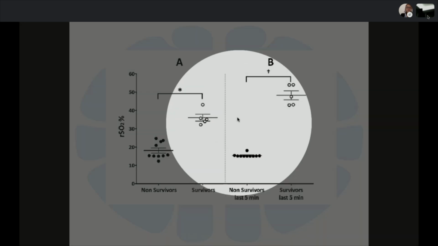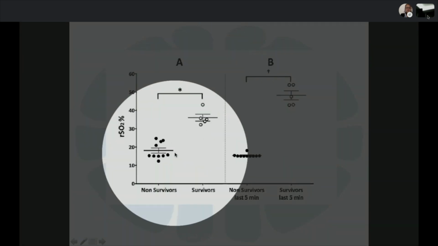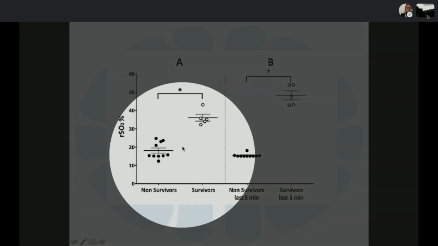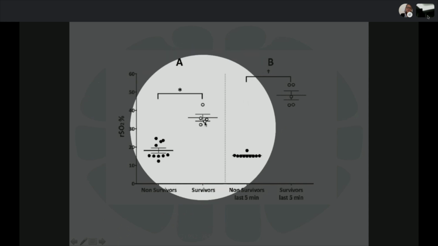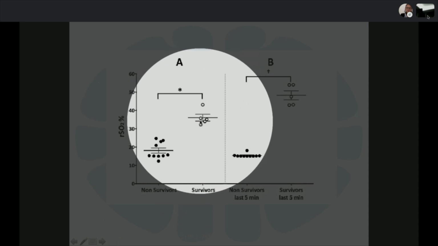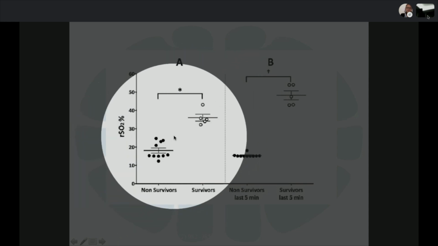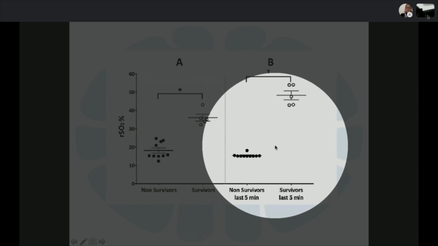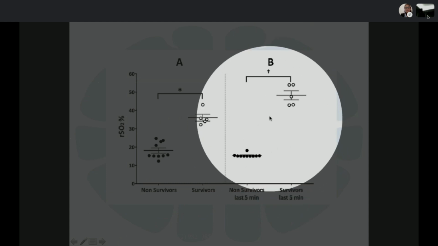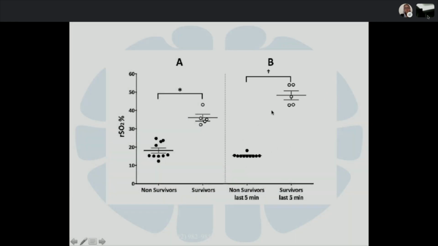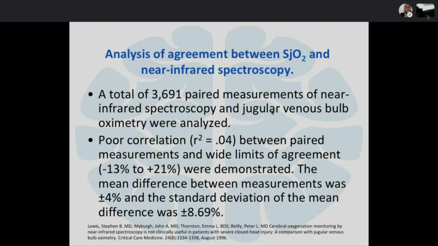I'm not sure how confident you are with the statistics, but these are the mean values of cerebral oxygenation in non-survivors, and these are the mean values of patients who survived, and there is a statistically significant difference, and this difference is even higher in the last 5 minutes before the ROSC, so in the latest part of the resuscitation management.